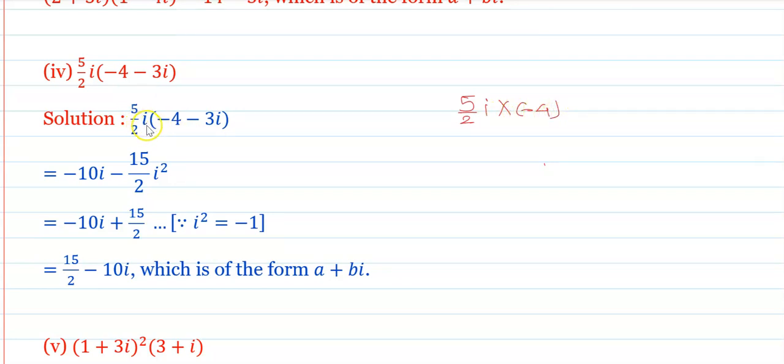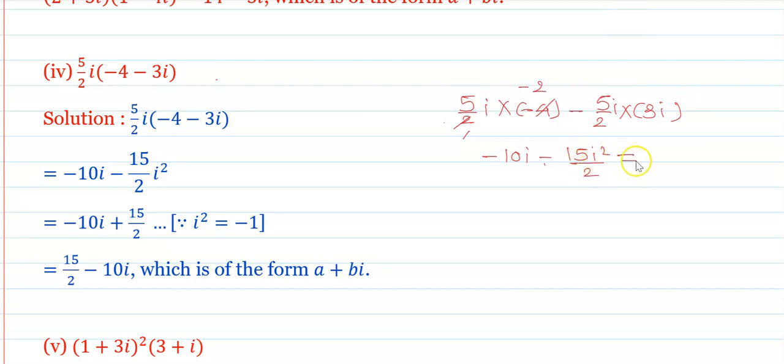Next multiplication, 5 by 2 i into minus 3i gives minus 15i square upon 2.